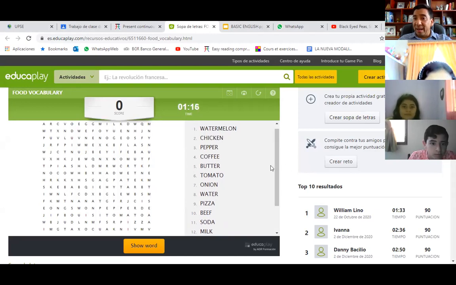What you have to do is to find these words in this puzzle, okay? So you have 2 minutes, tienen 2 minutos. Good luck, guys.